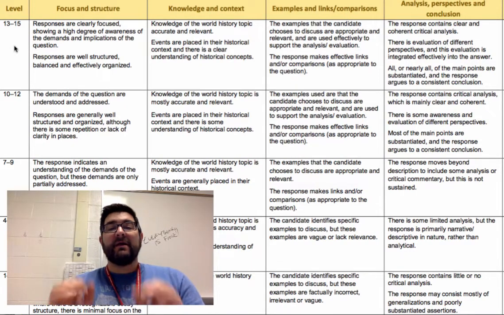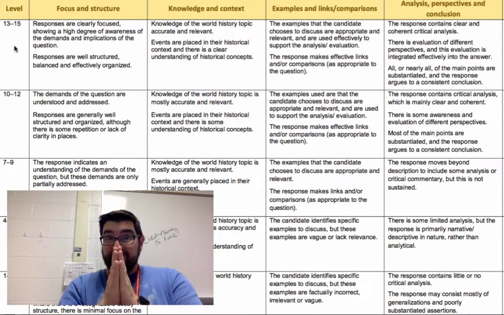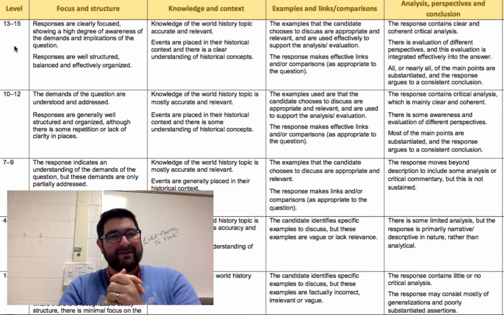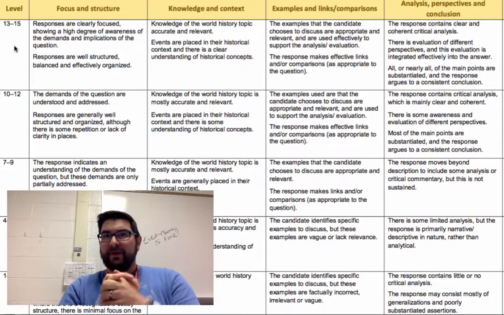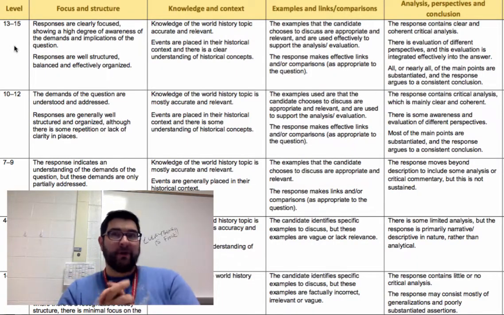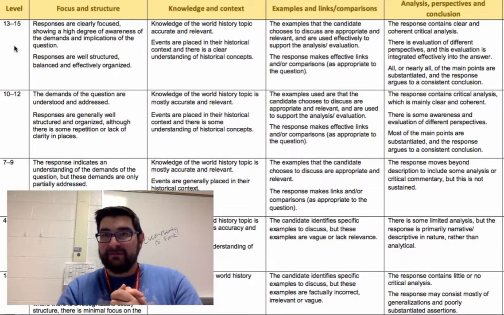13 to 15 is awesome, but I'm going to let you know that those papers are rare. I don't know an exact percentage of how much we see, but I got to tell you, they don't pop up too often. Those are the papers that when I'm reading them, I'm like, whoa, this is the kind of paper that I wouldn't be writing myself. It goes beyond even my knowledge.